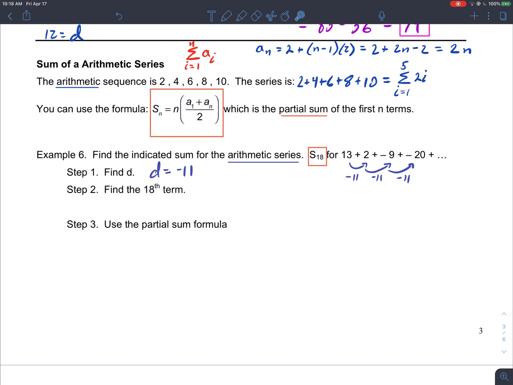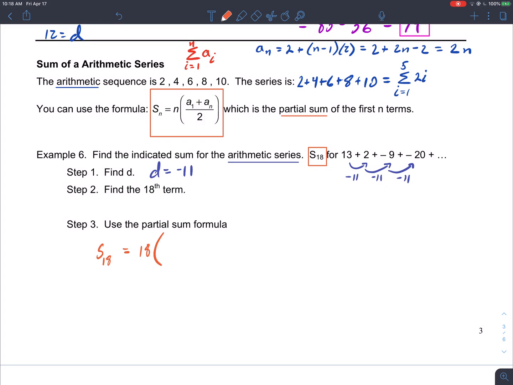Then, step 2 says find the 18th term. Well, why do I need the 18th term? Because the formula for s sub 18 requires that you have the 18th term, a sub 18. All right, so let me rewrite that formula down here. S sub 18 would be equal to 18 times the first term, a sub 1.